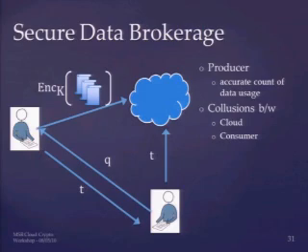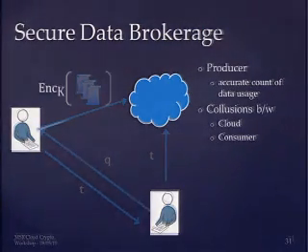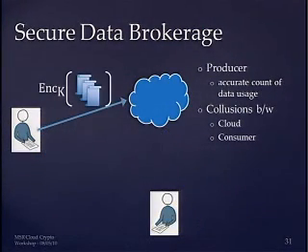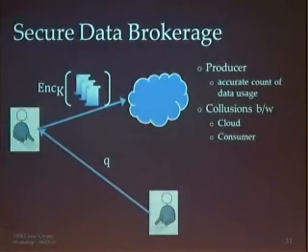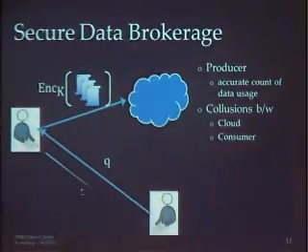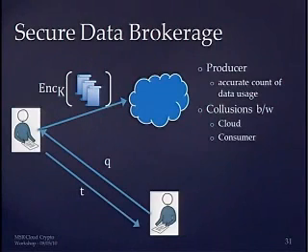So controlled disclosure could be used in this setting in the following way. The client basically encrypts its data, sends it off. So this is the producer of the data, and the consumer generates this query, sends it to the producer, the owner of the data. The owner sends it back some token. It sends this to the cloud. The cloud is able to recover a sub-piece of the data, whatever is actually needed for the consumer to perform its computation, and then the consumer can just run his app in the cloud on this data.